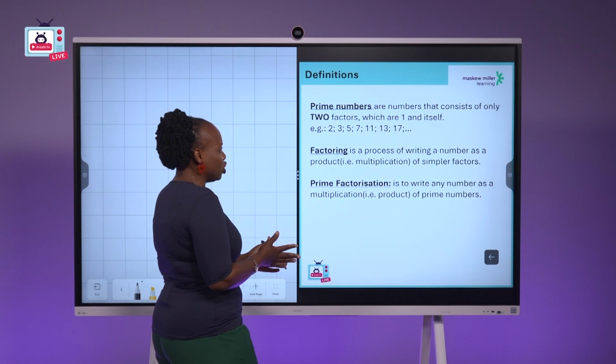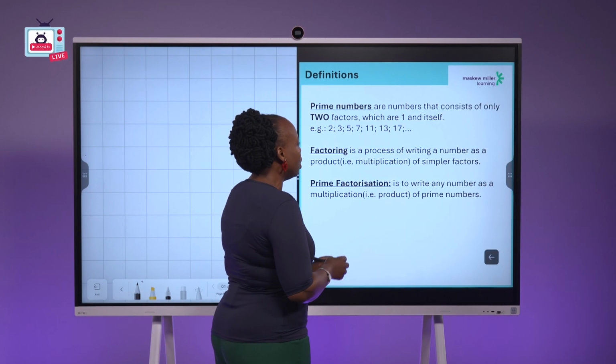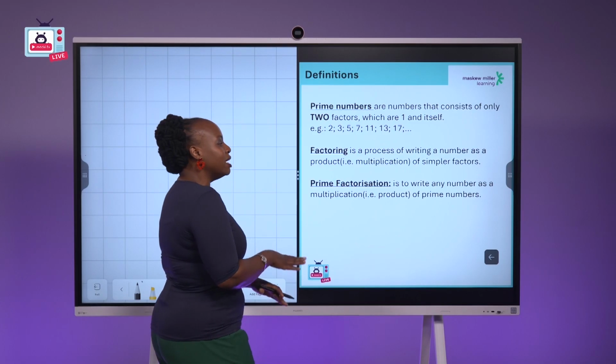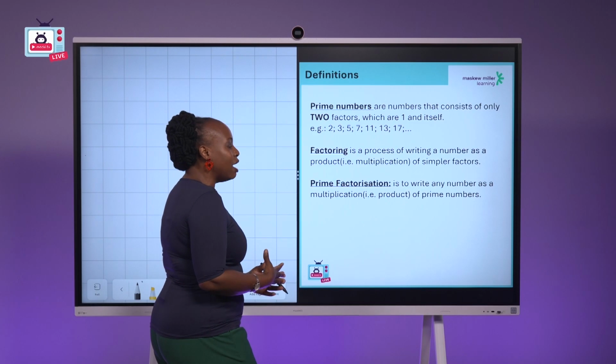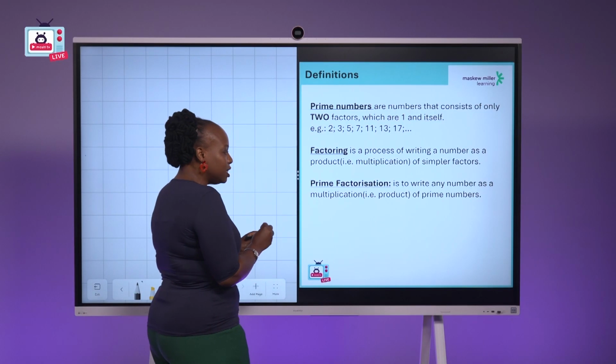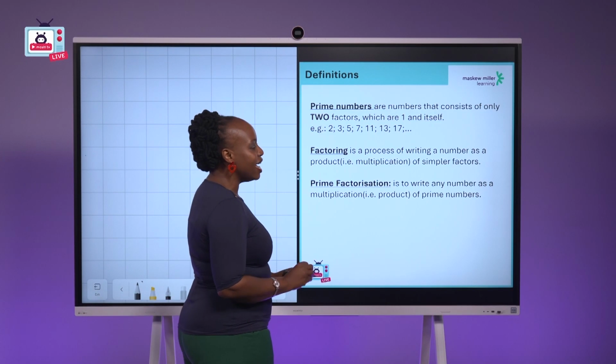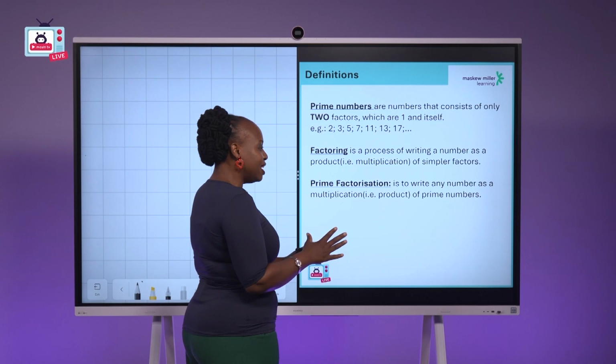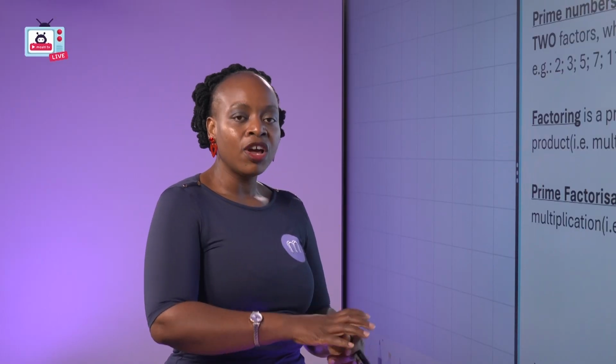Just some quick definitions here. Prime numbers are numbers that can be divided only by themselves and 1.